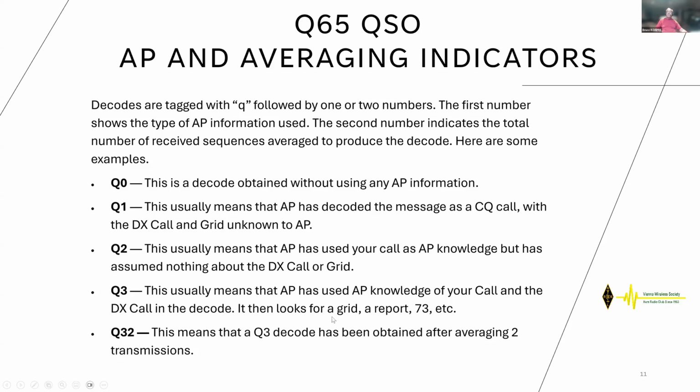And then the other elements of the messages. The second number is the number of averages that it used to get that decode. So if it barely gets something on your first transmission, it'll remember that.